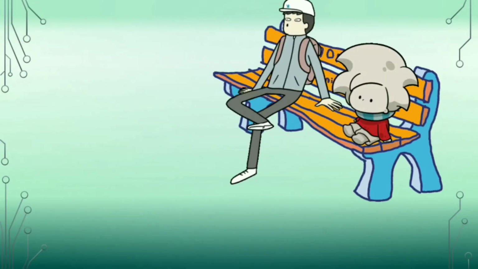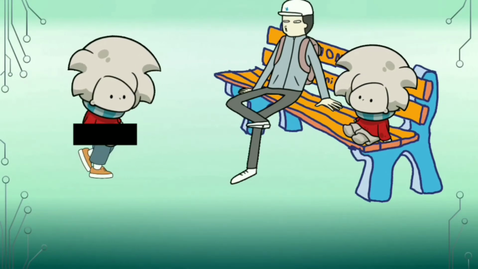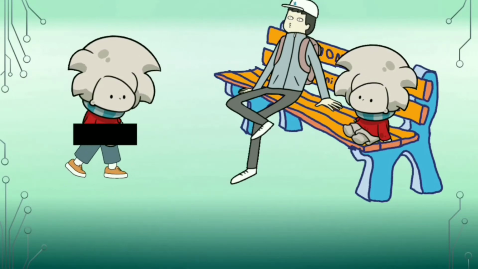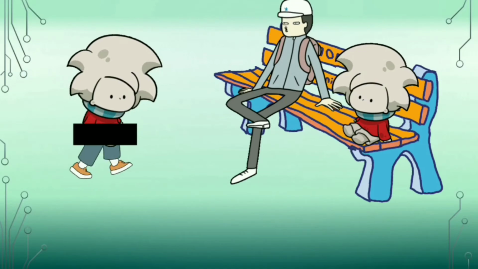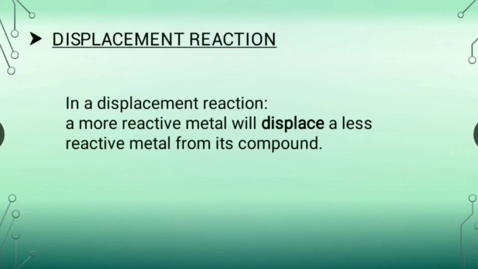But if that big strong student is already sitting on that bench and the small student comes and tries to replace him, will he be able to replace him? No, we know that he can't. Similarly, more reactive metal can replace less reactive metal from its compound, but less reactive metal can't.